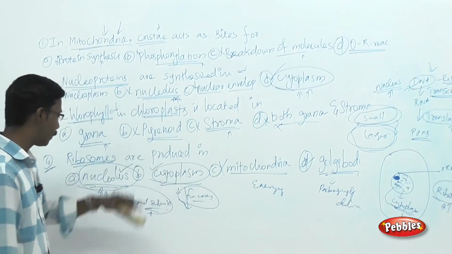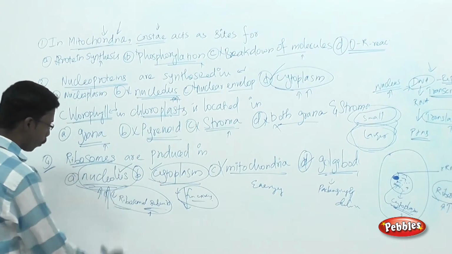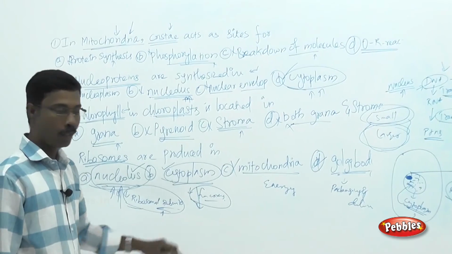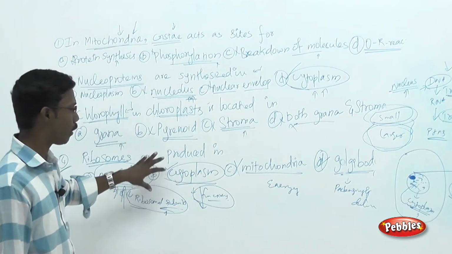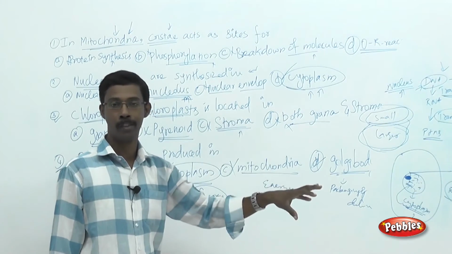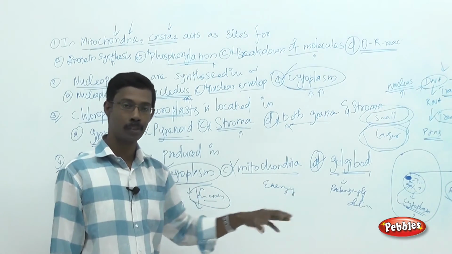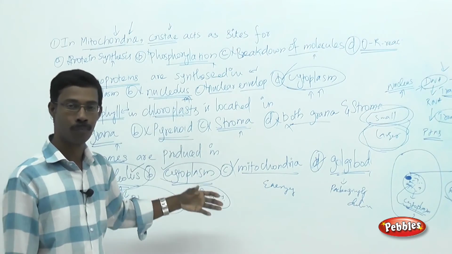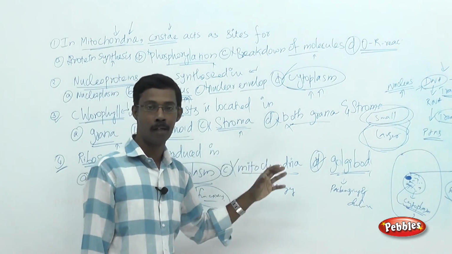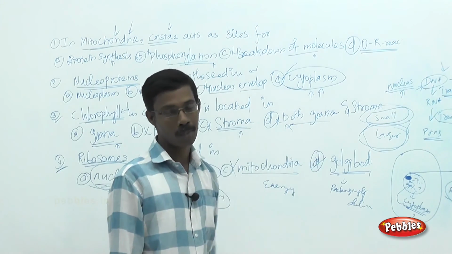The subunits are synthesized in the nucleolus, because the nucleolus is present within the nucleus. These are the questions we can expect, the location based, production based or function based questions. We are going to see some more examples of this type of question, because this is one of the major types of question you can expect from the NEET.